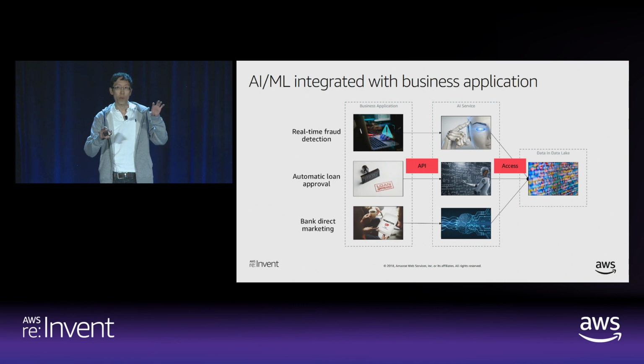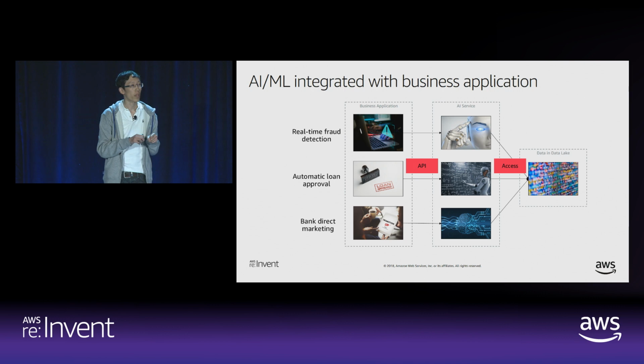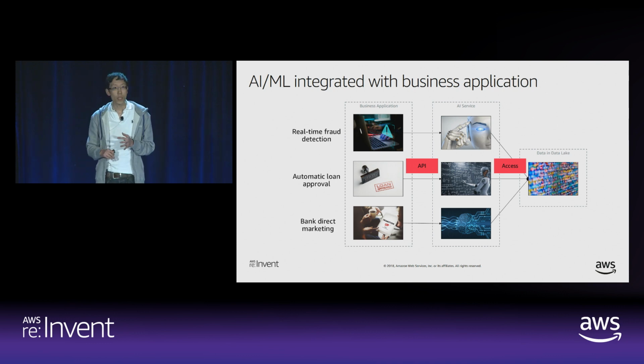The reason for thinking in different layers is that normally for the business applications, the software engineer builds the application, the mobile apps and also the business apps. But for the AI services, normally the software engineer doesn't know about the data or the model.